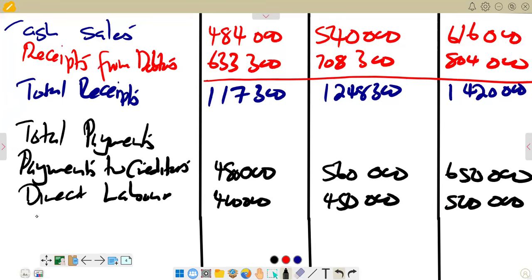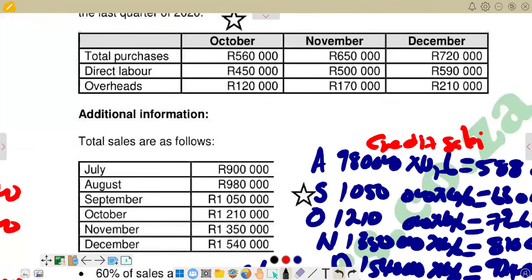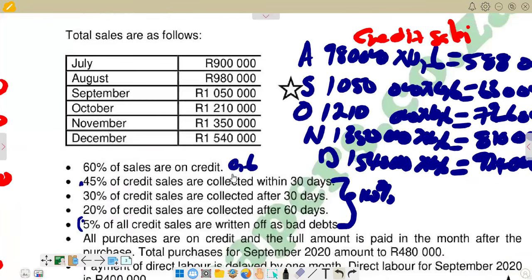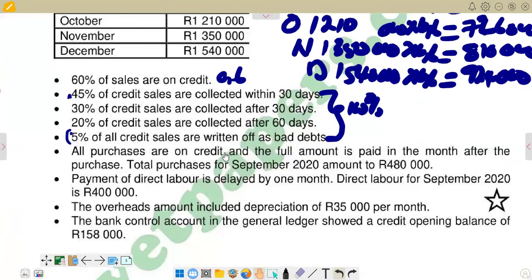So this is what we have. Then obviously the last one we've got is overheads. For overheads again, we need to see what instruction is there. You'd see that on overheads, the amount included depreciation of 35,000. We are not told when it's paid, so it means they are paid in that very month. But we are going to subtract 35,000 as a non-cash item and remain with cash items.